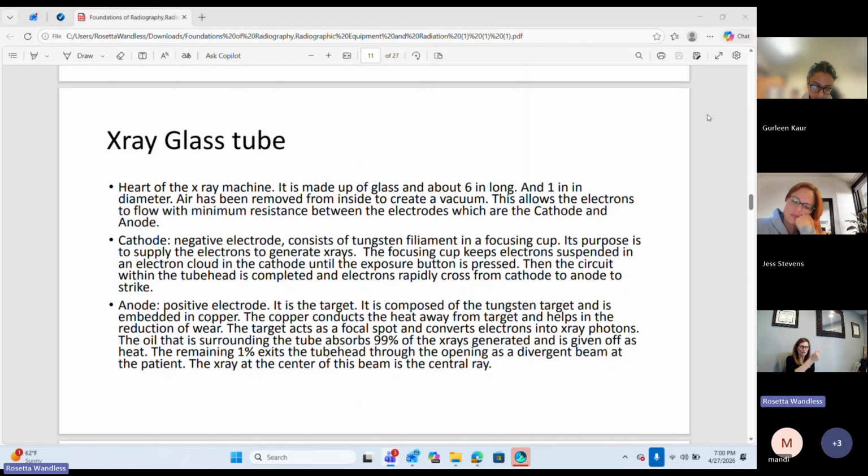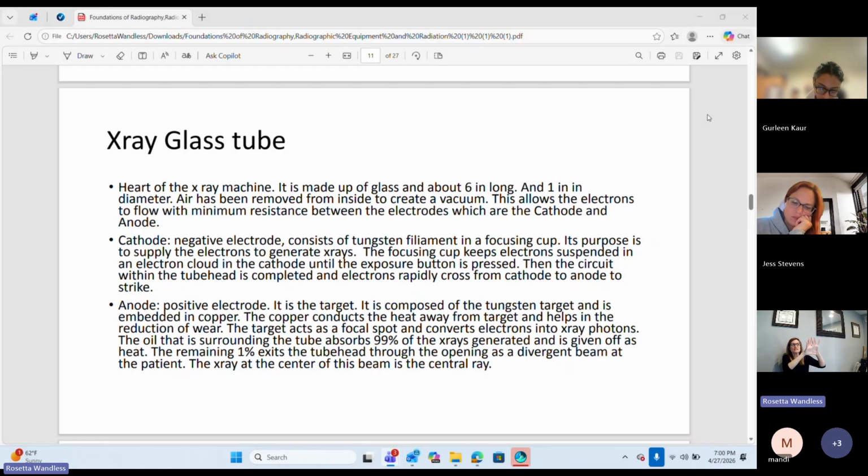So in the cathode, which is the negative portion of it, there's a tungsten filament, which has an attraction to electrons, and something called a focusing cup. The purpose of a focusing cup is to hold back those electrons until we're ready to use them. So you have a cathode, which is going to have that tungsten filament.